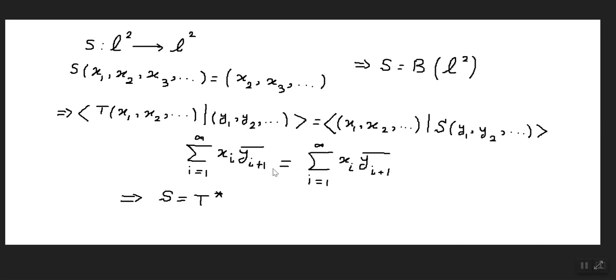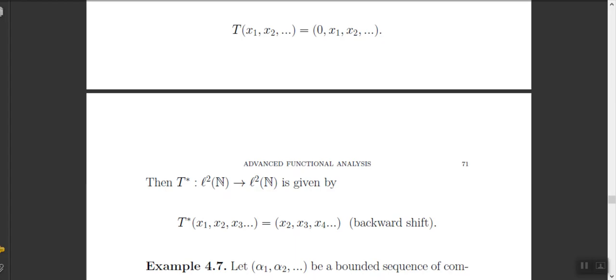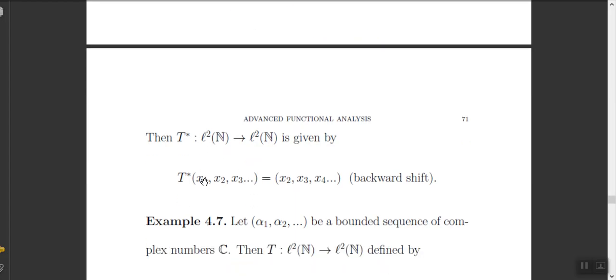I leave it to you to check. It's very easy. So you can see the left hand side and right hand side are equal. So this operator S satisfies the characterization of the adjoint operator. So this S must be T star, the adjoint of T. So the adjoint of T is definitely given by this.